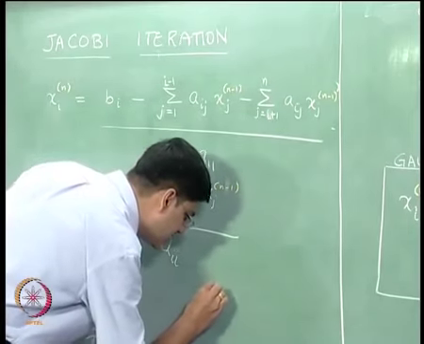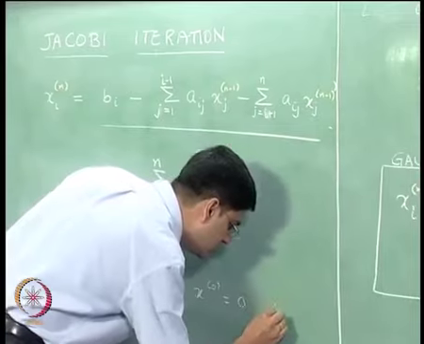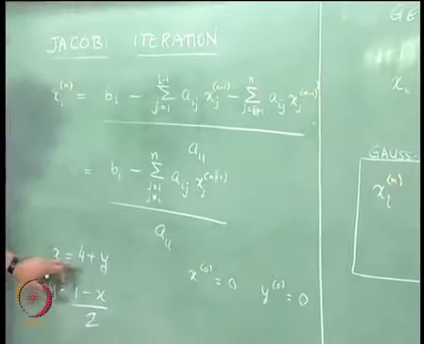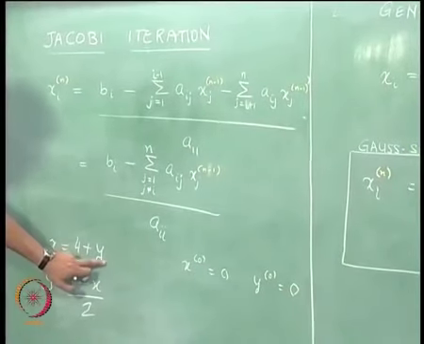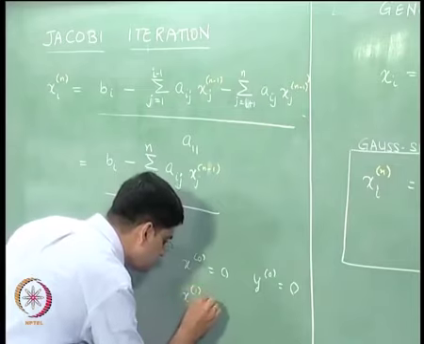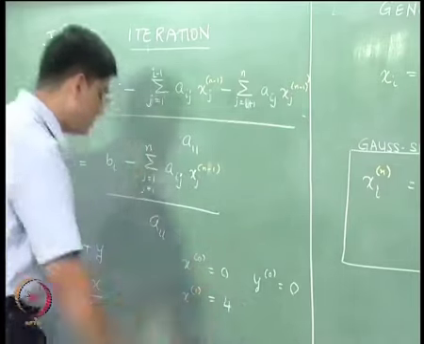We started with x0 equal to 0, y0 equal to 0, and we substituted the value of y0 to get x1 equal to 4.